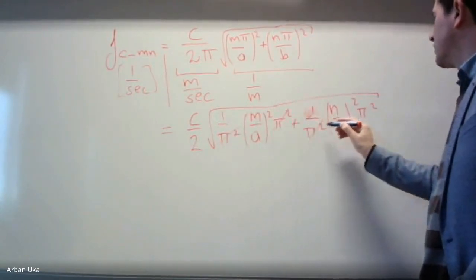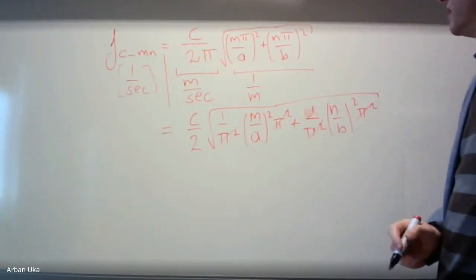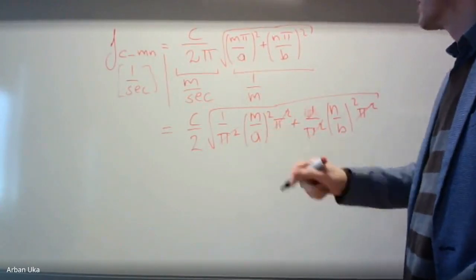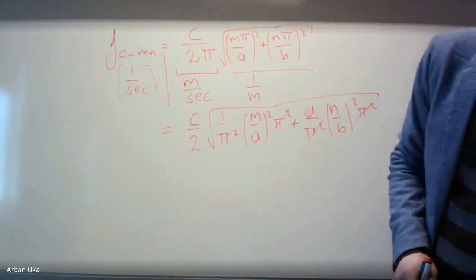So the pi's will cancel out, and we get a simpler expression, and now we just substitute for m and n.